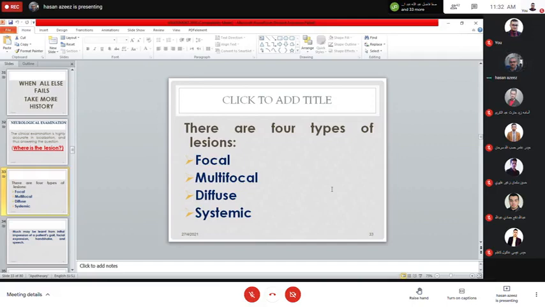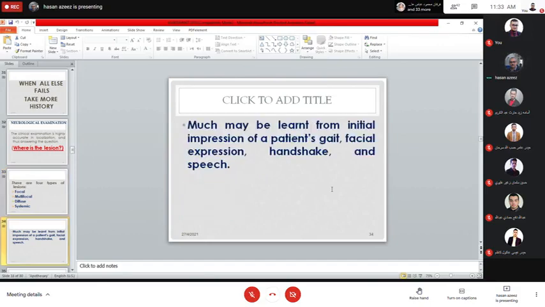Sometimes it's diffuse, usually metabolic: hyponatremia, hypercalcemia, hypothyroidism, hyperthyroidism. The effect will be diffuse. Or systemic, meaning the neurological manifestation is a reflection of systemic disease rather than a primary neurological problem, or a complication of systemic illness.